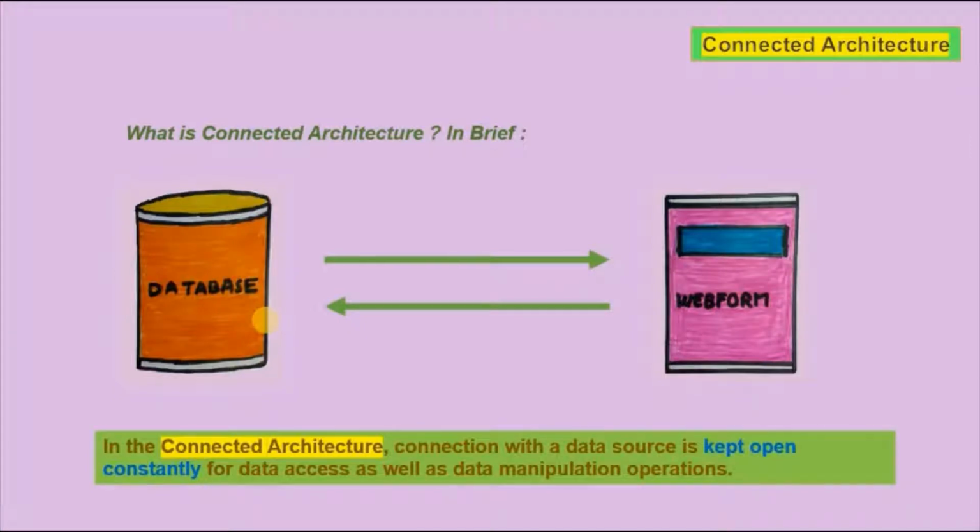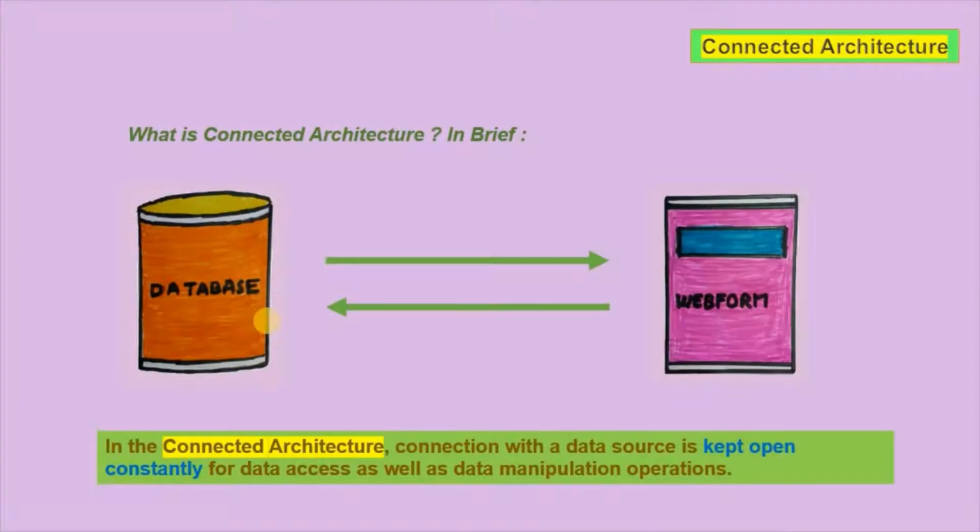So for any database operation or interaction, connection must be open. In this way, this web form or application remains connected with the database while performing operations. So this edu.net architecture is called connected architecture.